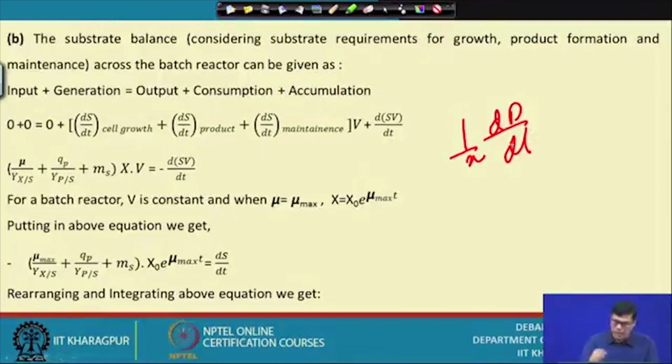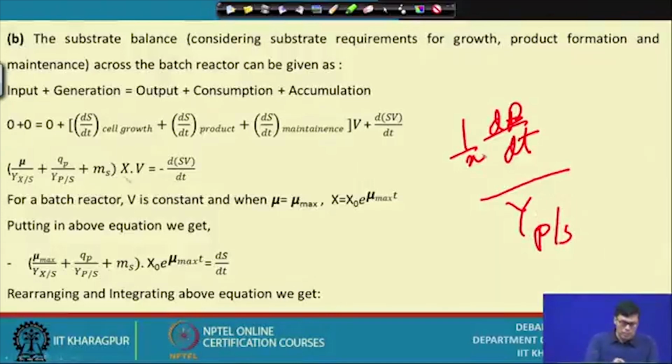Now divided by Yp/s. Yp/s is equal to dP by dS, so the dP will cancel, giving dS by dt. And if you multiply it by X, then we will get the substrate required for the product formation.